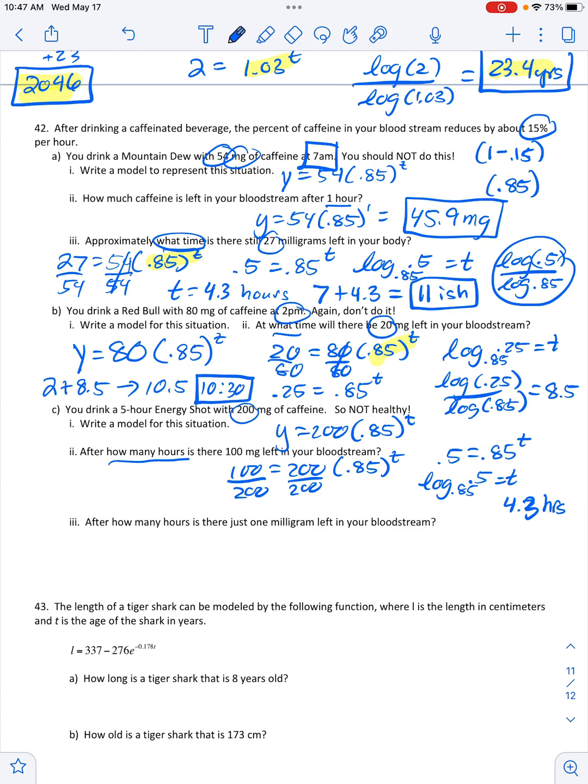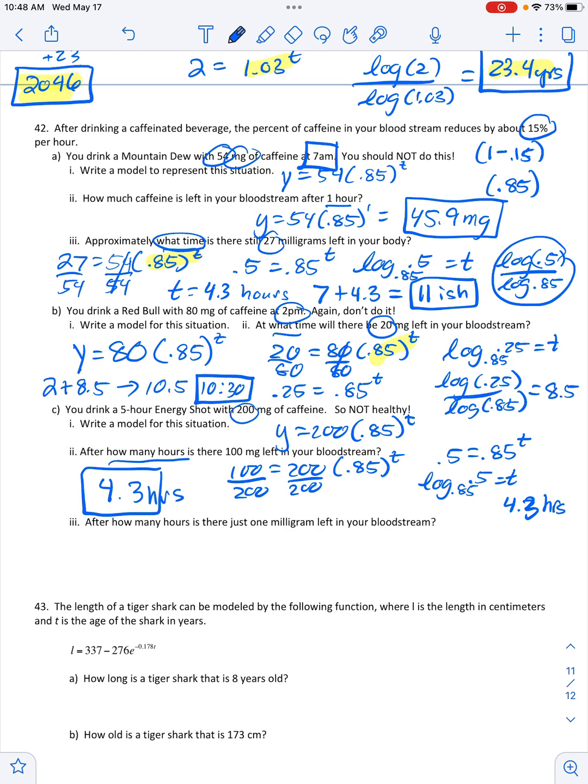It actually just says how many hours later, so that would be about 4.3 hours later. Sorry, I'm looking at my answer on the answer key, which does not seem right. So that's hours, sorry about that.